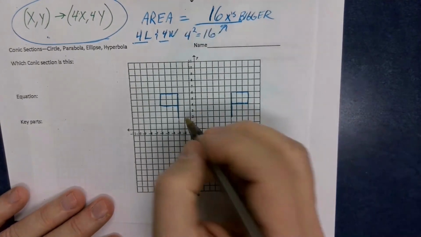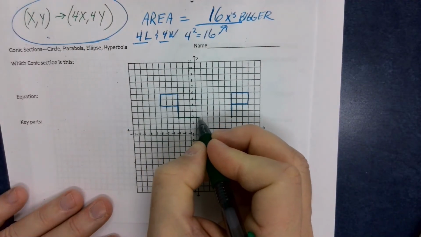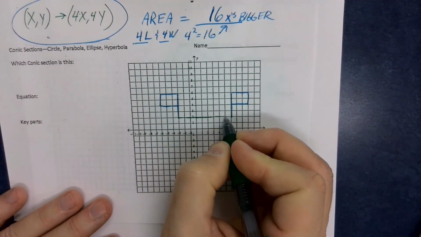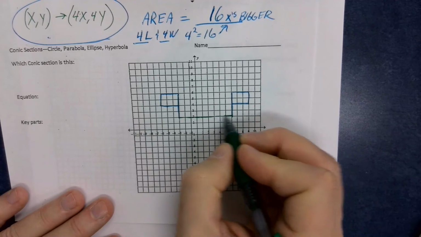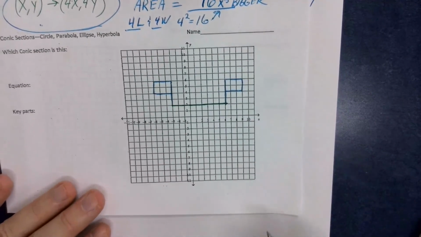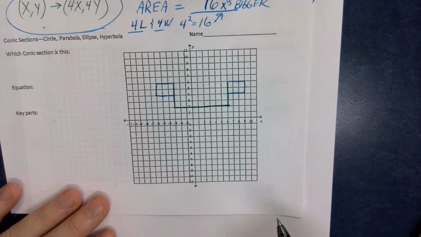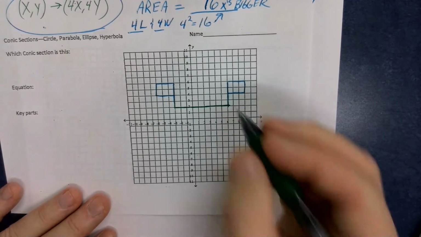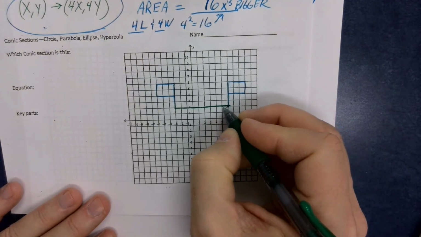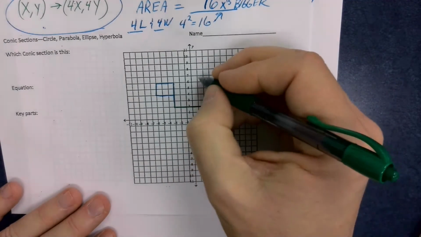I can count, right? 1, 2, 3, 4, 5, 6, 7, 8, 9 boxes, yes? So if it's 9 boxes between them, where does the reflection line have to be? At the 4.5 mark? So I go from here, 1, 2, 3, 4.5.